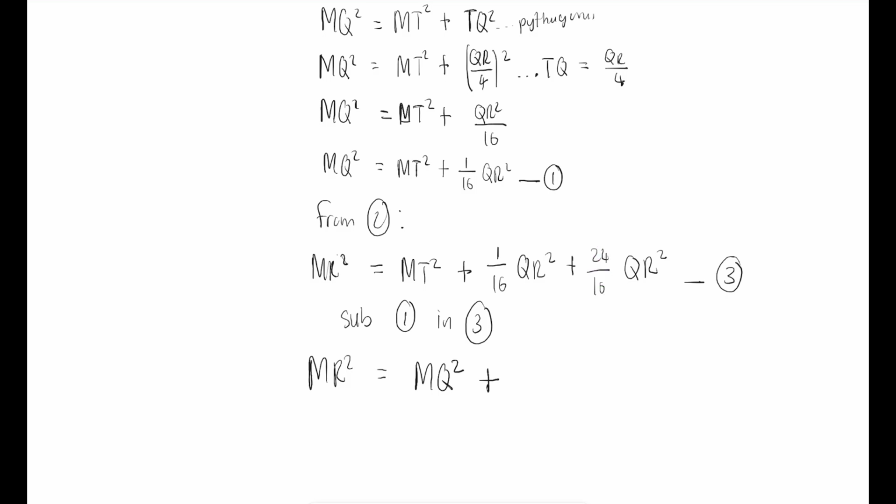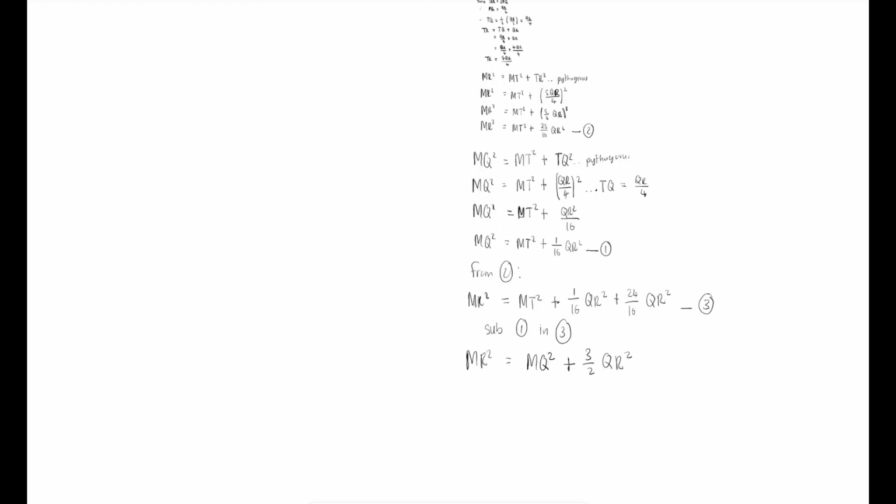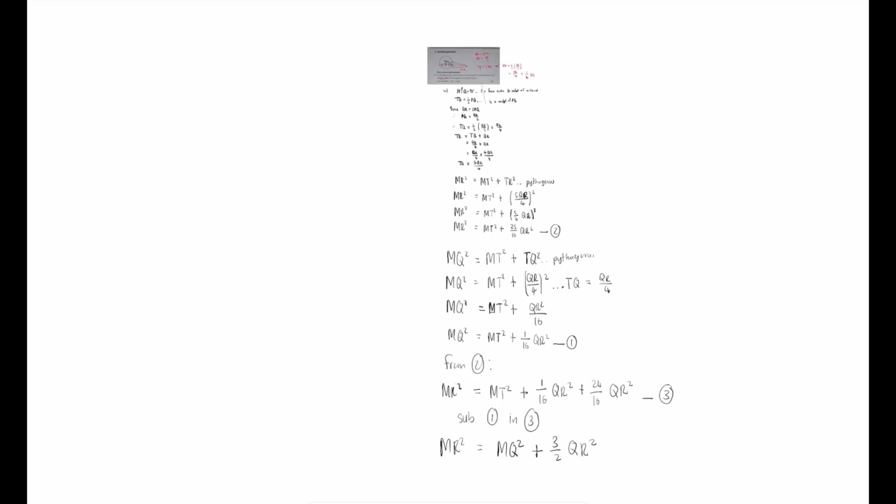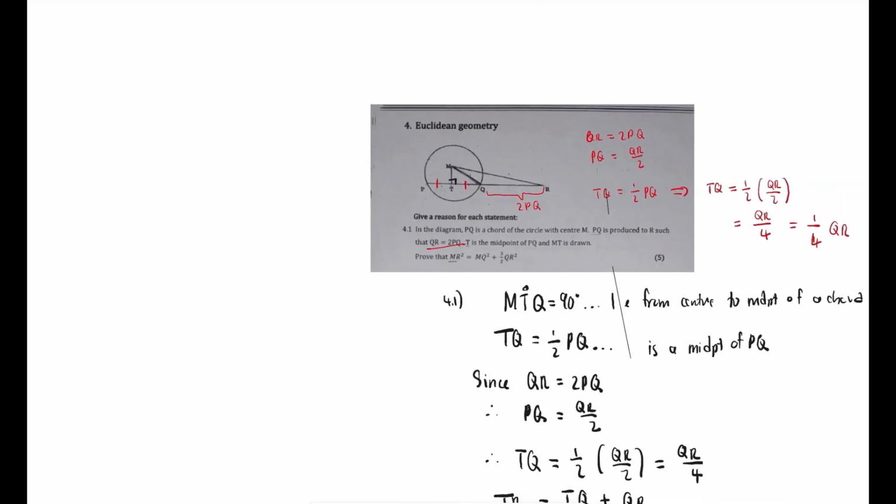So if you divide by 8 on the numerator and denominator, you get 3 over 2 QR squared. And voila, you have the answer which is given in the question there.